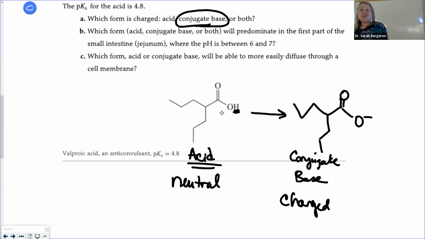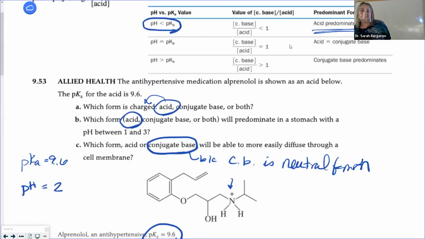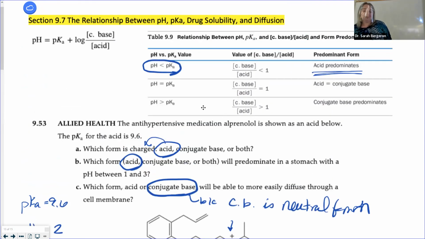Which form will predominate in the first part of the small intestine, the jejunum, where the pH is between 6 and 7? How do we figure that out? Well, you go up. This table tells you the relationship.